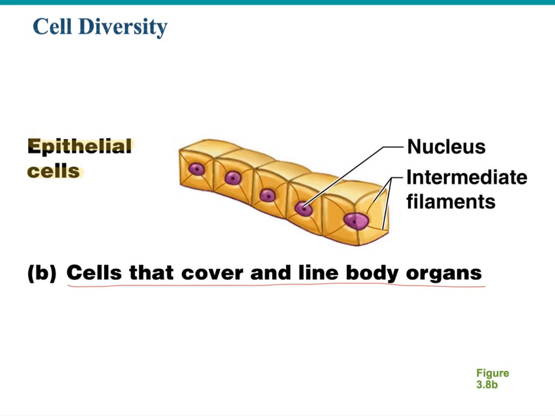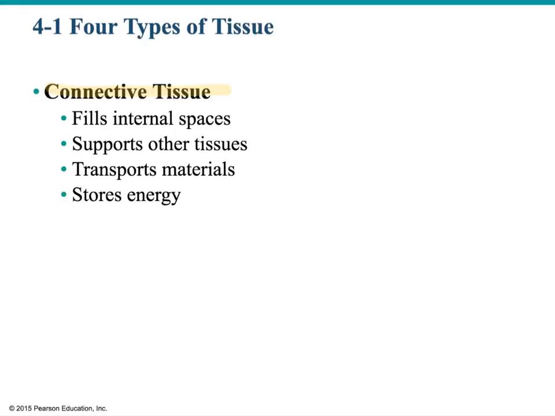And if you're handwriting your notes, I would try to draw some of those. If you're typing, maybe you can insert a picture. Like blood can transport materials and gases, and they can store energy, like adipose tissue.